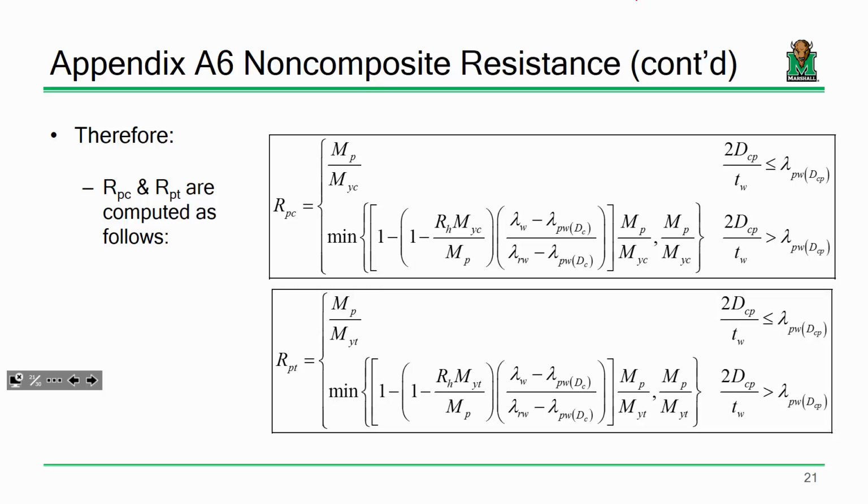Plug and chug. Look at a lot of these values going into this: lambda p sub w, D sub c, lambda p sub w, D sub cp. We've already computed all of this. That was the whole point of what we did last time. Make sense? So hopefully there's a little bit of purpose behind all that work we did last time.